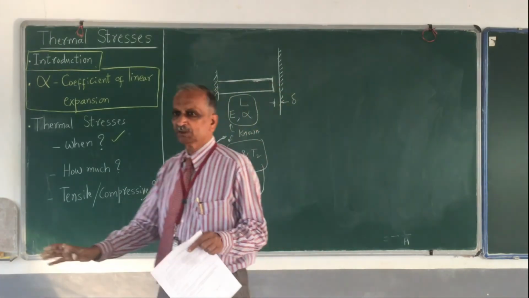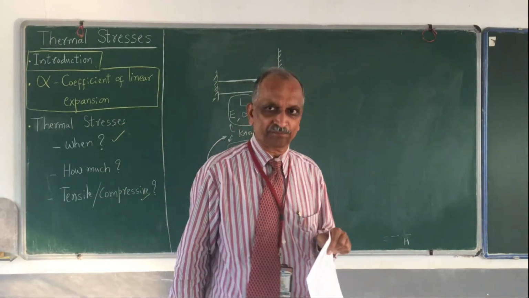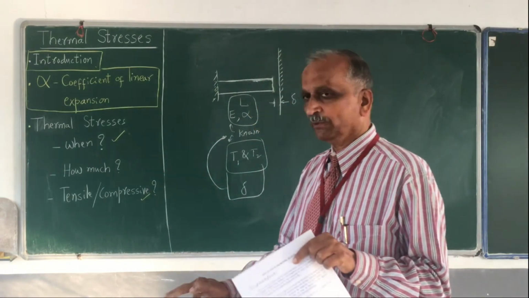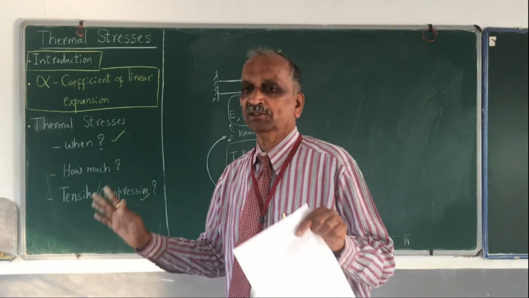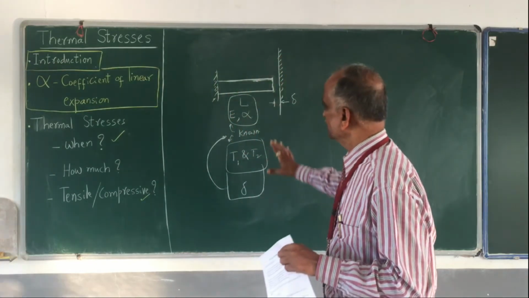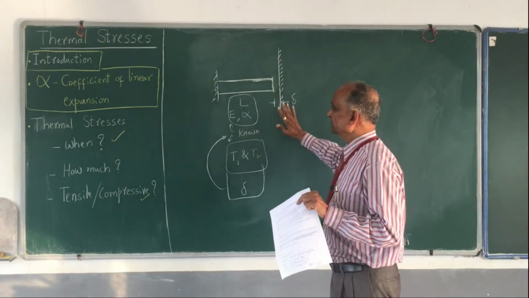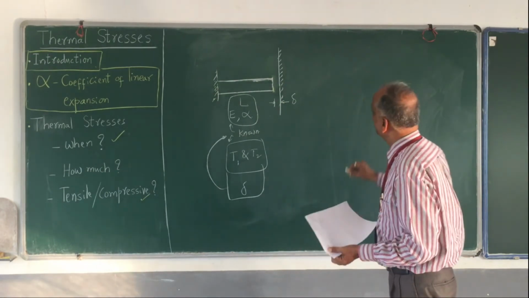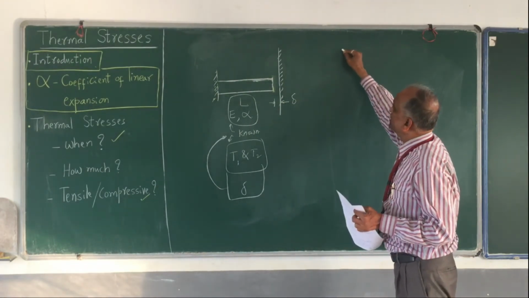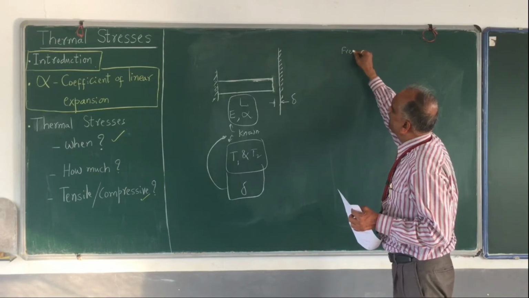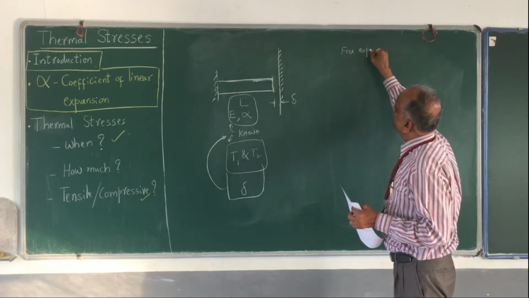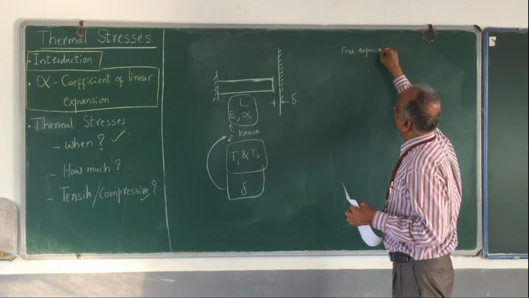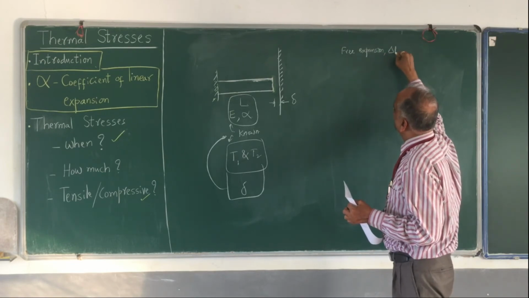If free expansion is prevented, then only thermal stresses are induced. My first question is whether stresses are induced. For that, I have to calculate the free expansion, which I call delta L.